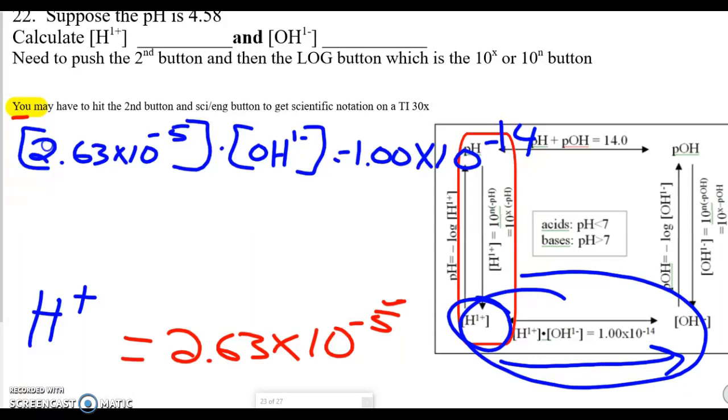You do the algebra on that, and you're going to get your hydroxide ion concentration to equal 3.80 times 10 to the negative 10. Pause it. Make sure you do that math on your calculator before you move on any further.